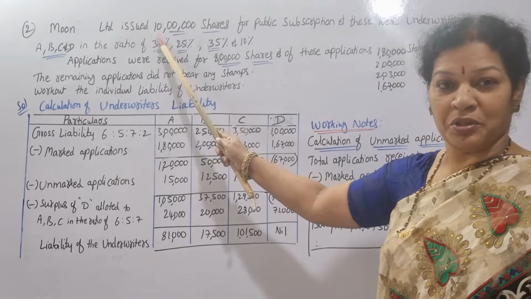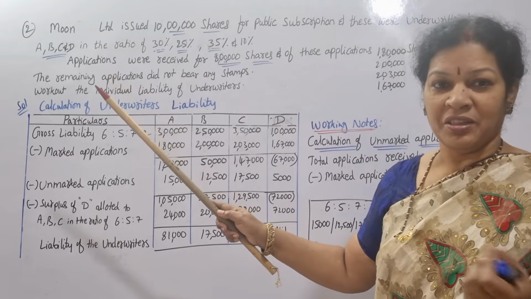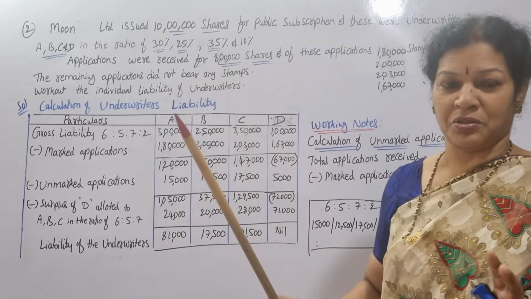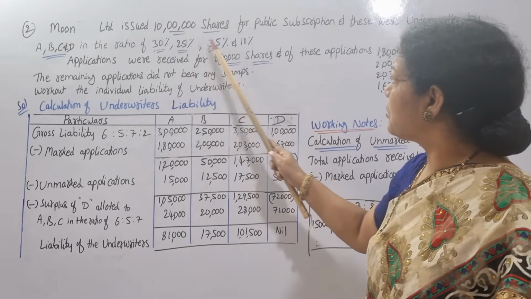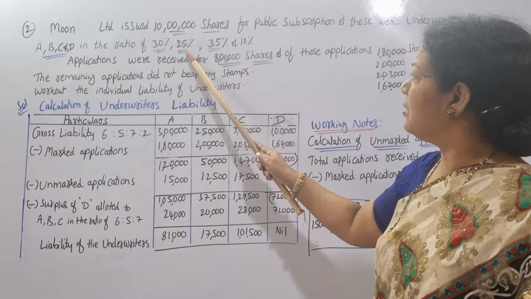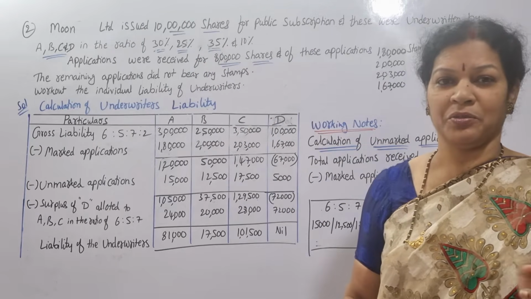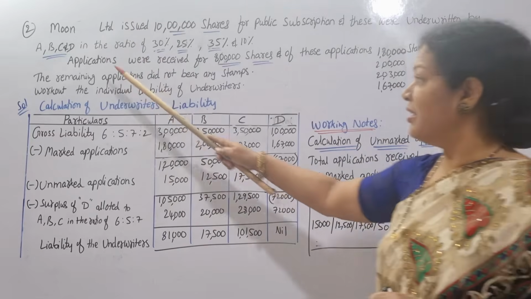They are issuing 10 lakh shares. A, B, C, D said that they are going to get the subscriptions in the ratio of 30 is to 25 is to 35 is to 10. If you calculate everything, it comes to 100%, which means the total subscription they are ready to take. So the company need not worry. They issued 10 lakh. Next, what happened?